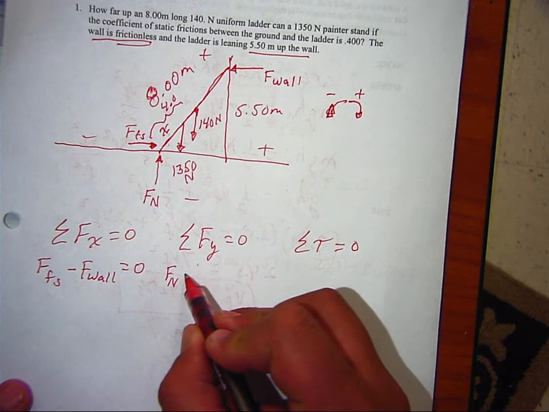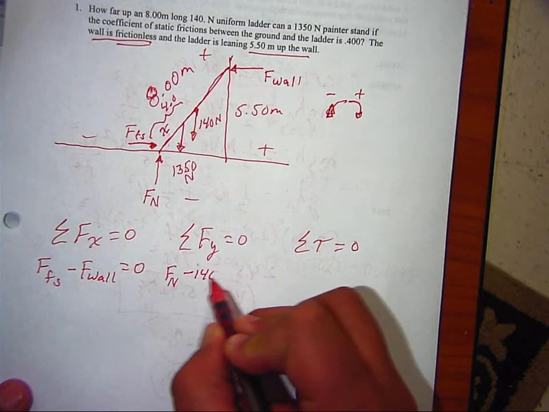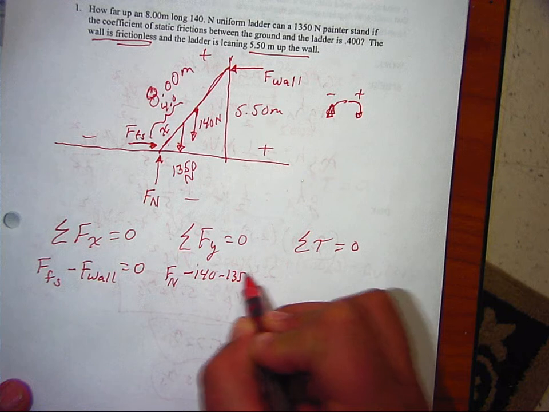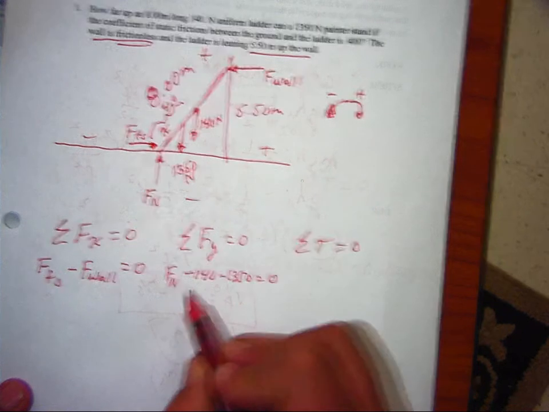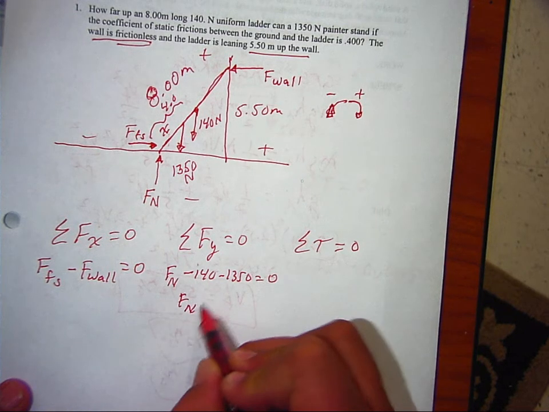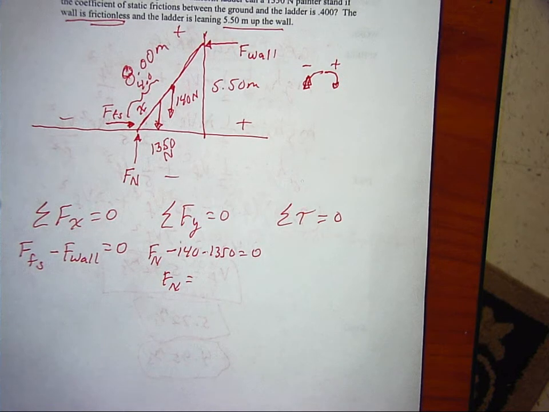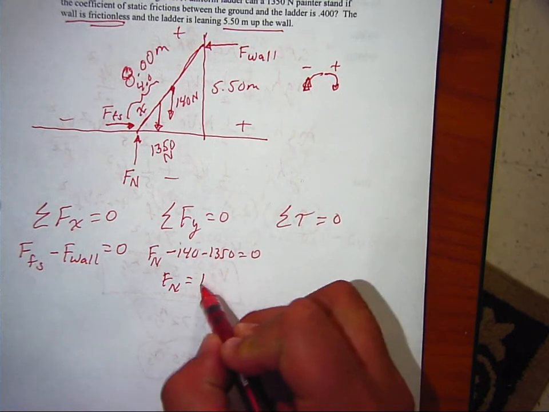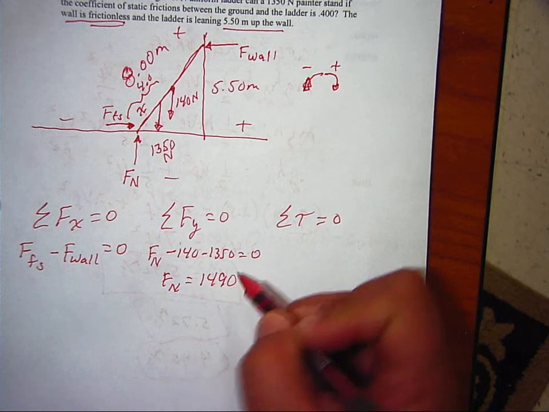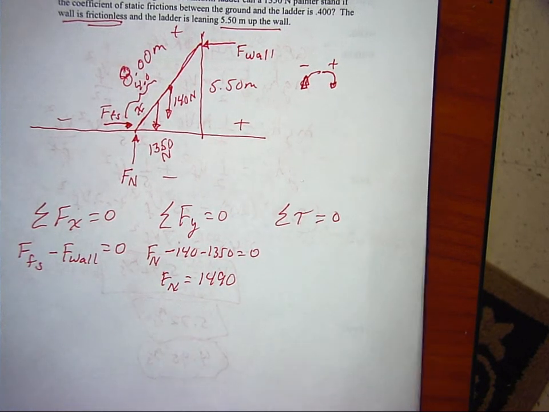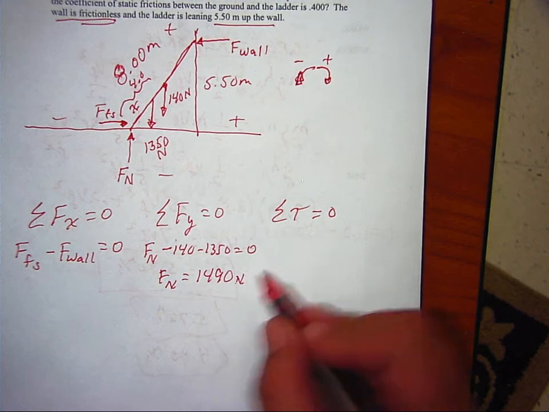The weight of the ladder and climber is down. So do you see we can get the normal force right away? Because all we have to do is solve it. So 1350 plus 140 is 1490. Now we know the normal force, and now we can get what the force of friction is.